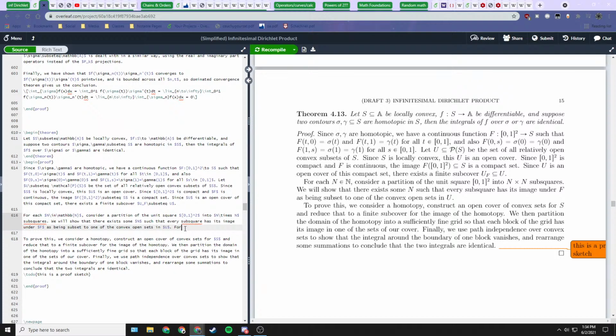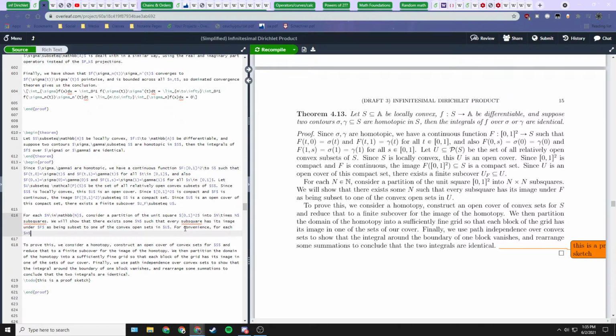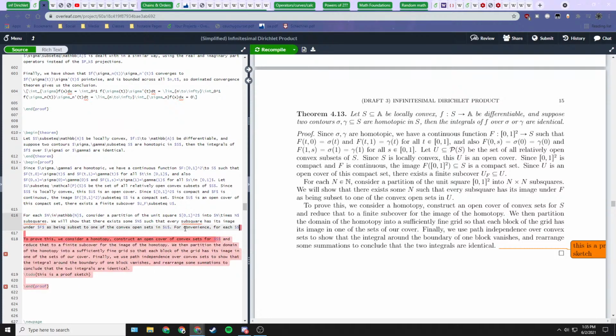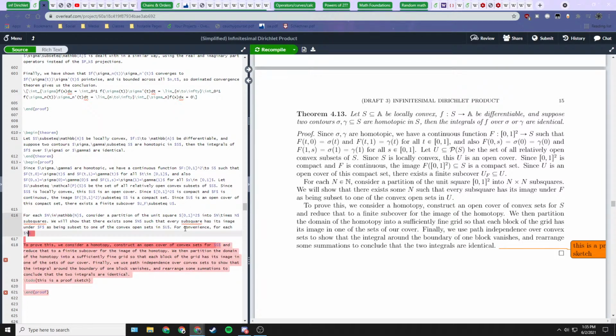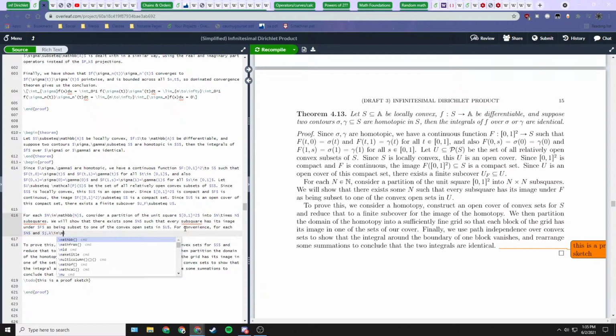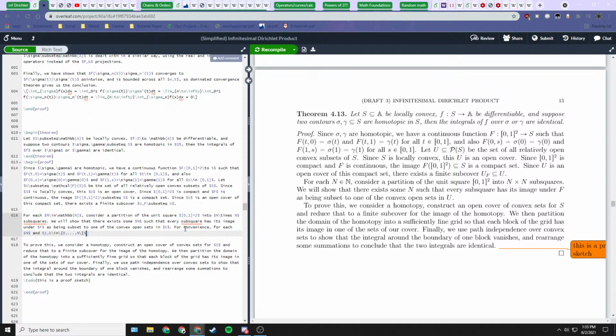For convenience, for each n and for each capital N, we'll say j, k in 0 to capital N. We don't actually want 1 to capital N.